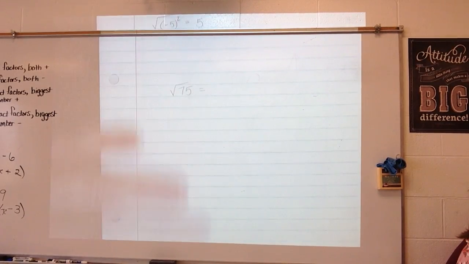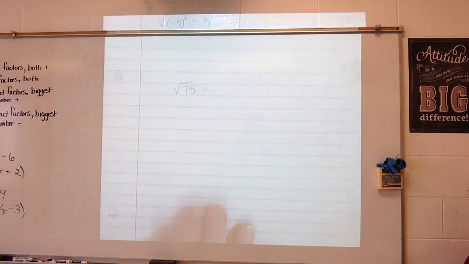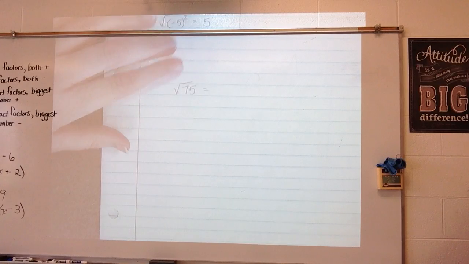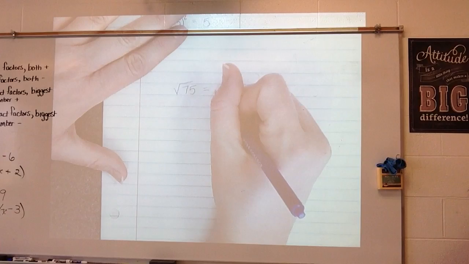Alright, if I want to look at the square root of 75, then here's what I'm going to try to do. I'm going to see that 75 is not a perfect square. So I want to see if I can figure out a way to rewrite this so that way I do have a perfect square. We all know that 75 is 25 times 3.